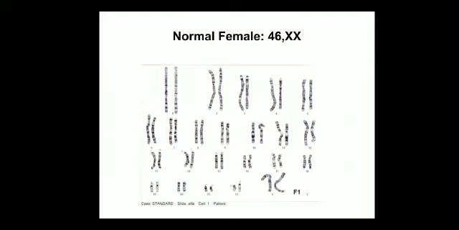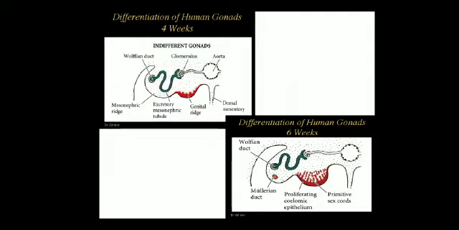So genetic sex determination of the embryo occurs during fertilization, that is, the penetration of the ovum by a sperm. When an ovum, which is having 22 plus X, is fertilized by a sperm containing 22 plus X, the resultant will be 44 plus XX.